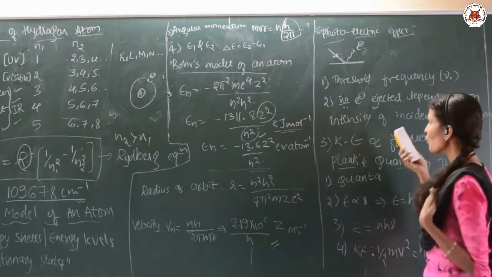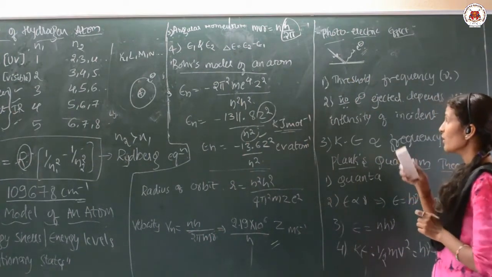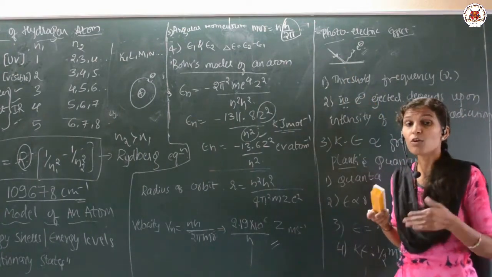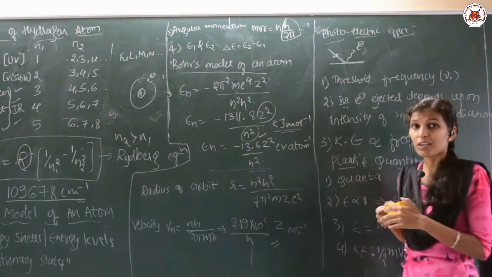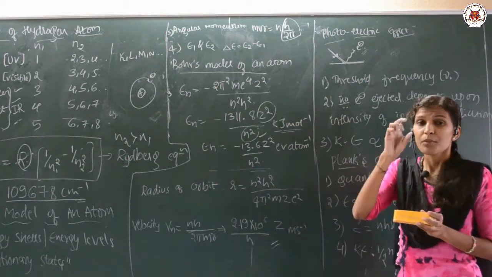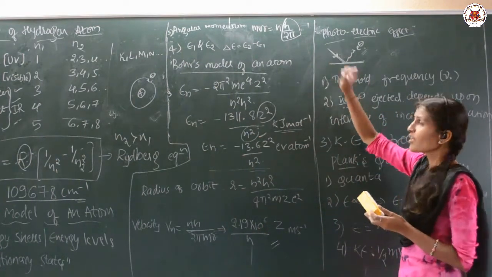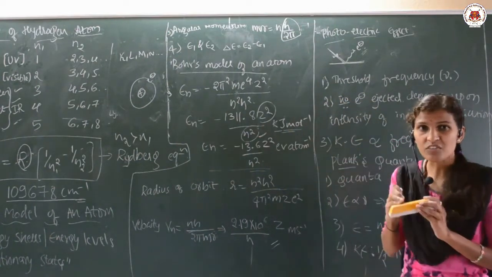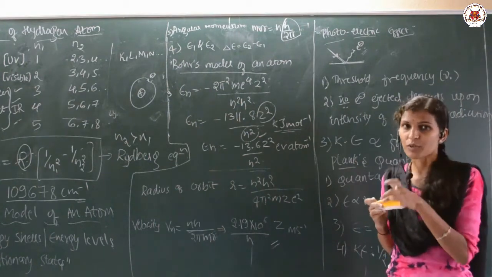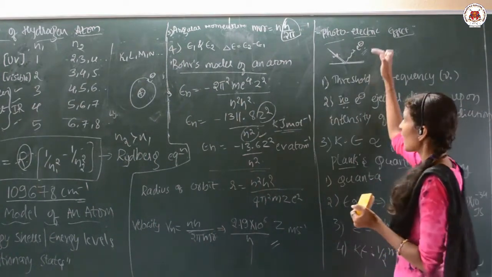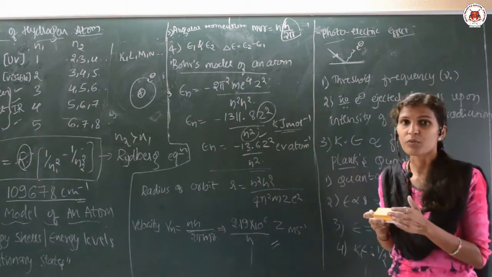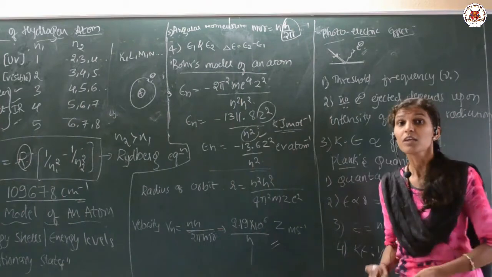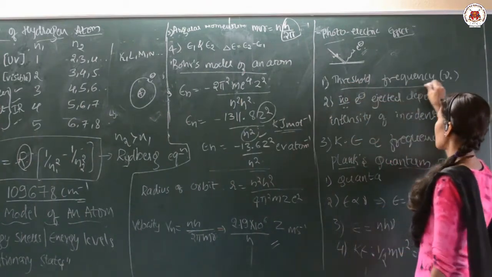Okay. So, a few more points which are very important here. Whatever radiation falls on the metal surface cannot necessarily eject the electron. Then which type of radiation? A minimum frequency of the radiation is needed. The radiation falling on the metal surface must possess a minimum frequency in order to eject the electron. That minimum frequency which is capable of ejecting the electron from the metal surface is called the threshold frequency.